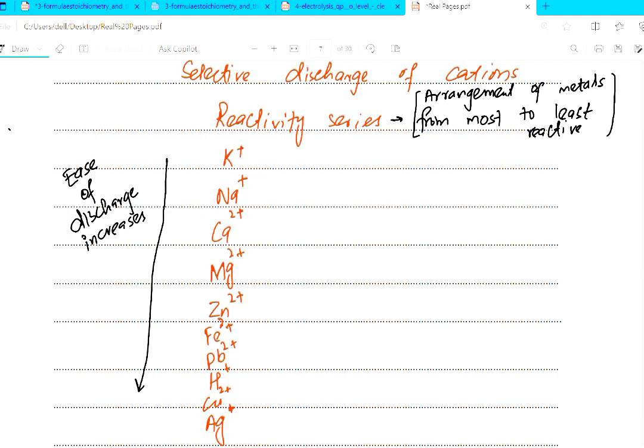The ones which are ionized with difficulty, the least reactive, are discharged first. The least reactive ones are discharged preferentially. So here I'm just going to tell you that sodium and potassium do not get discharged.